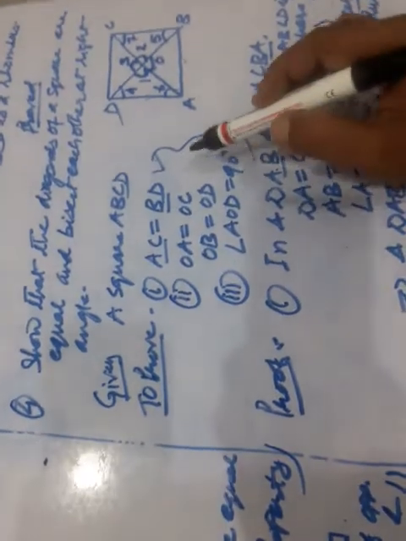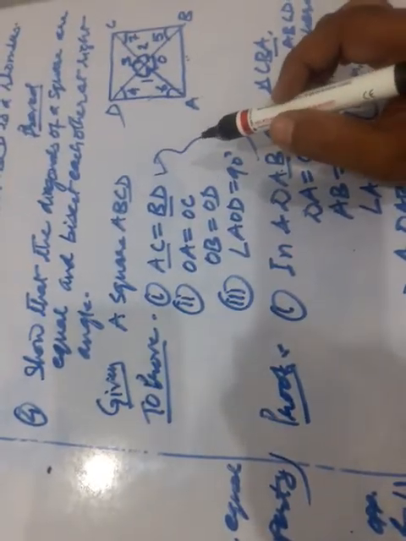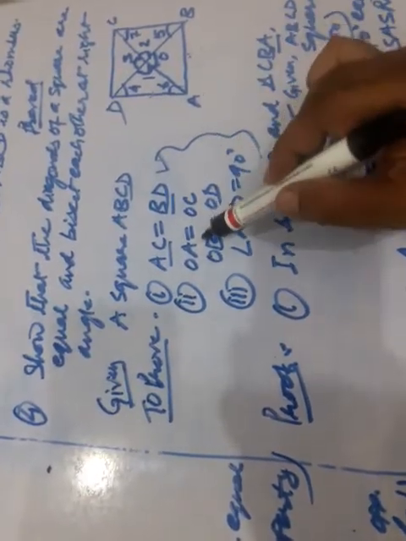Now let us see the second part. In the second part, we have to show that OA equal to OC and OB equal to OD. Okay children, let us see this part. Move to the next part of the board. Now we have to take other triangles.